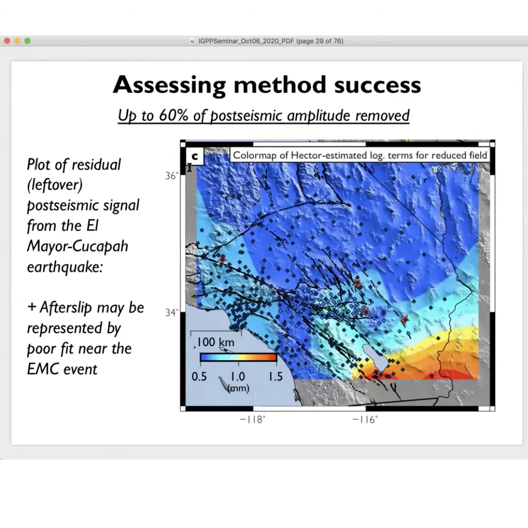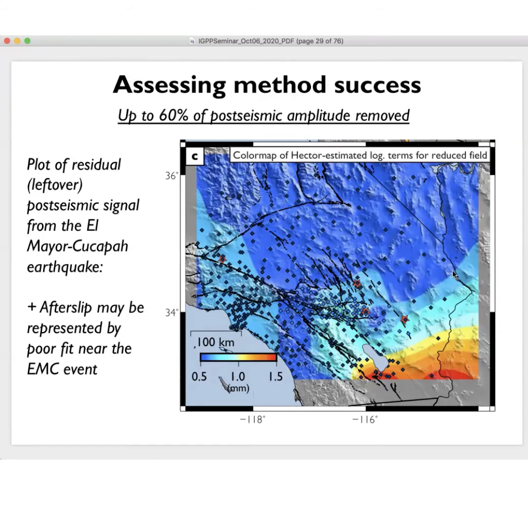In this color map, anything in blue or cool colors means our model did a good job and we were able to remove a large portion, if not all, of the post-seismic motion in the observed time series. Anything in a warmer color means we struggled a little more. Our model didn't quite do the job, as it were.